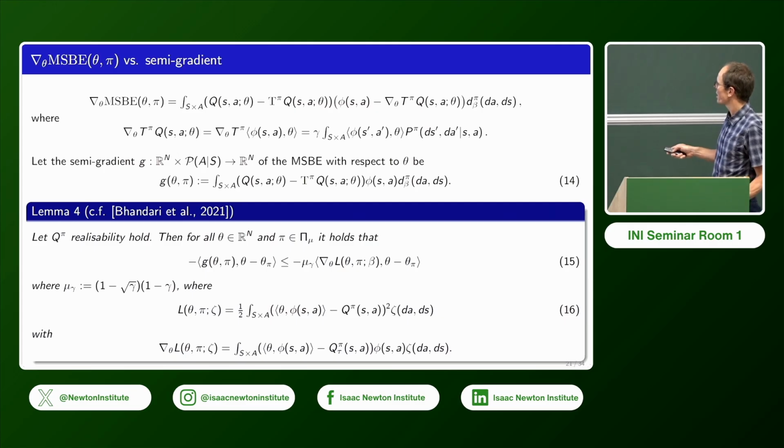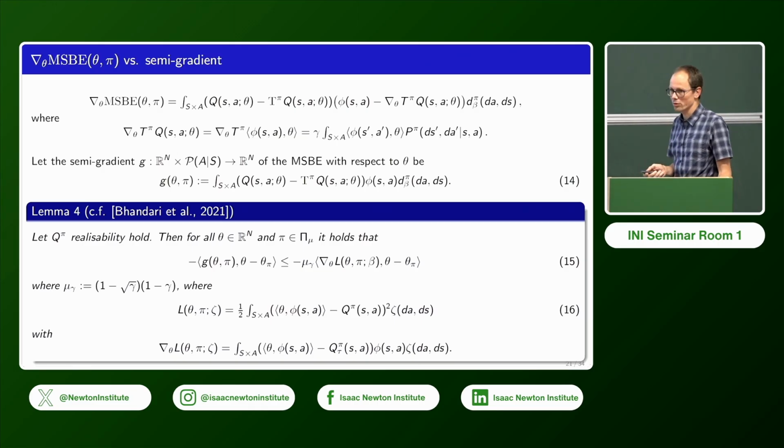So in fact, what is done in practice is that instead of working with this gradient of the mean squared Bellman error, you work with this semi-gradient, which is defined exactly as this. The way to see it is, well, basically, I don't want this term there because it will be high variance, so I just drop it.